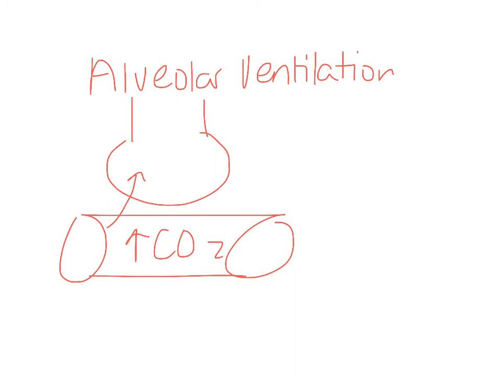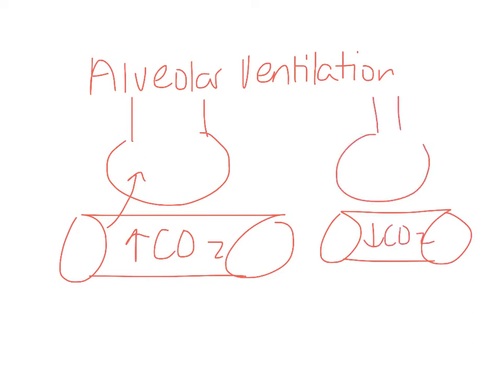In the exact opposite way, if the blood vessel has less CO2, then those bronchioles will constrict because they want to try to keep the carbon dioxide in the blood, because you want to keep the carbon dioxide in a certain level. It should be within a certain range. So alveolar ventilation is all about the bronchioles, whereas perfusion was all about the diameter of the blood vessels, right? And they're both very local.